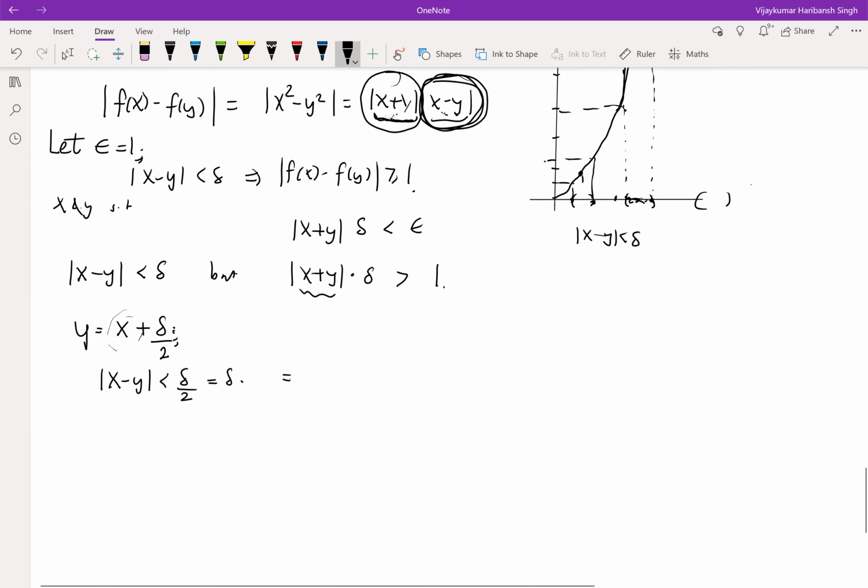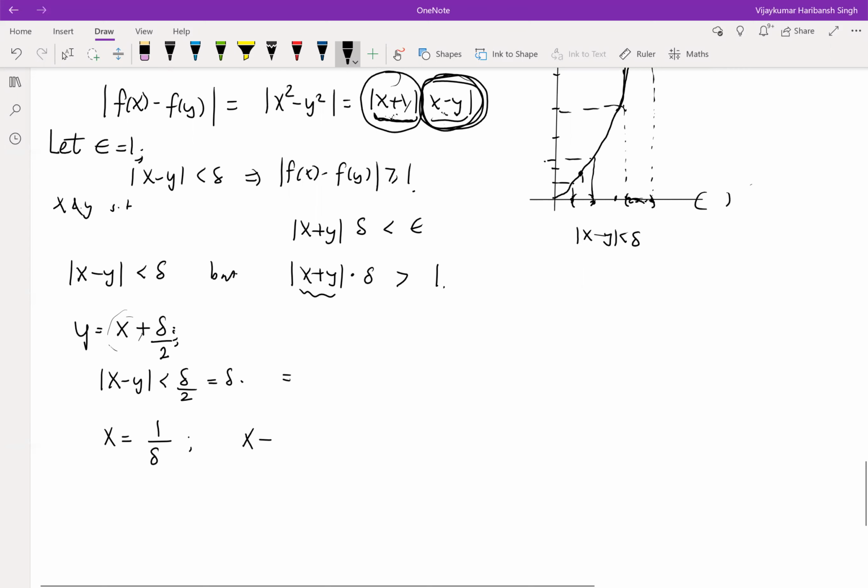Now if we choose x carefully enough, we can make x plus y blow up, so that it can cancel this delta. So let's take x to be 1 by delta. I'll have to modify this a bit.